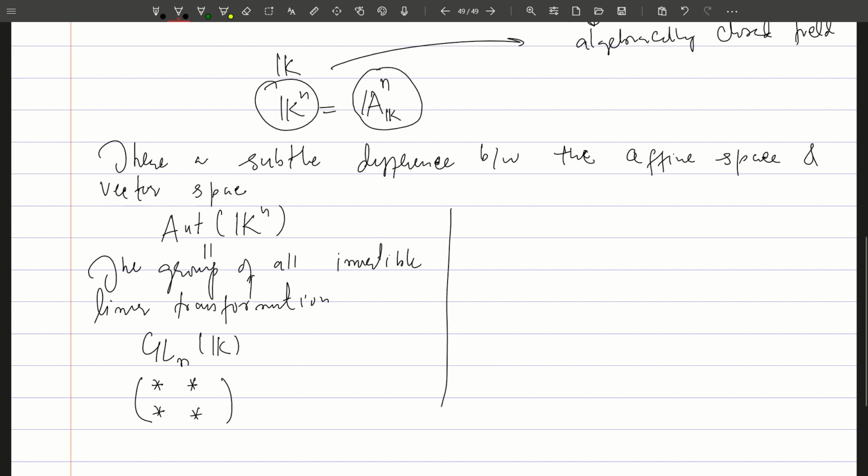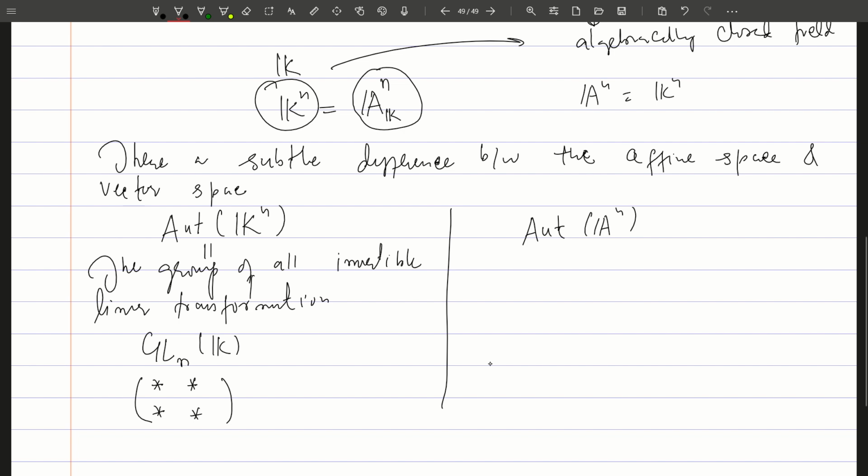But as far as the affine spaces are concerned, the automorphism group of An, so An as a set, they are the same, but they have different structures.